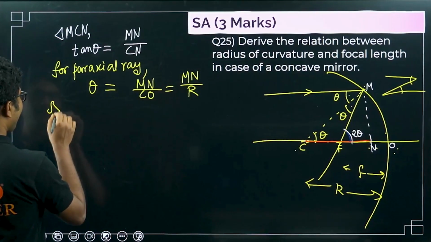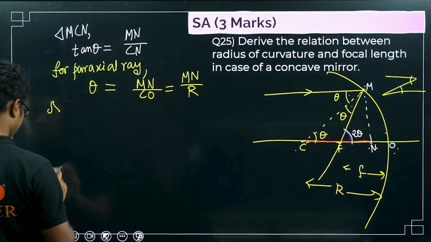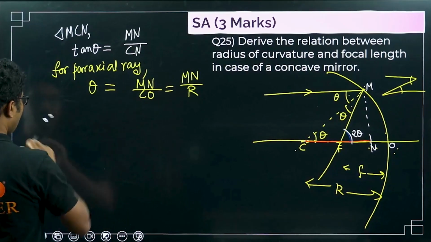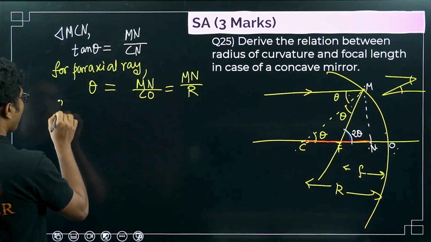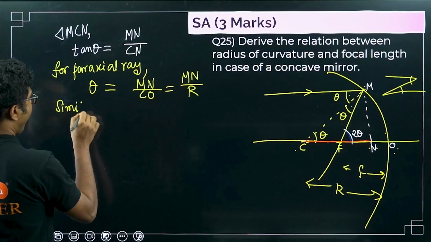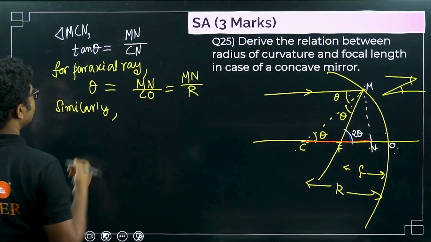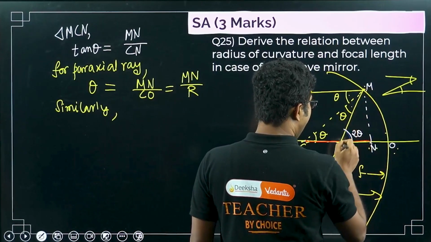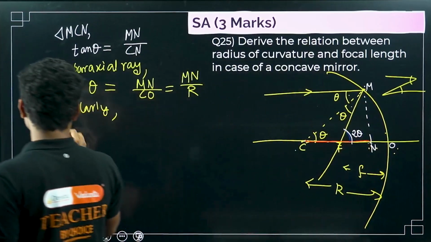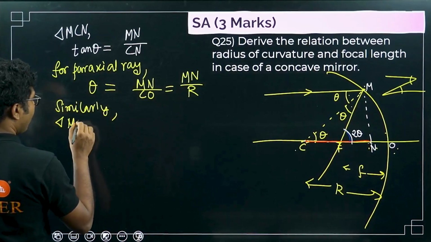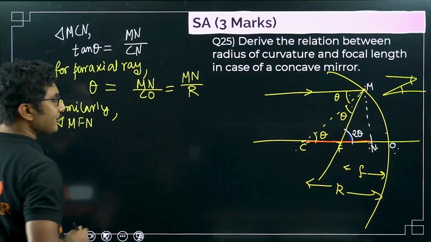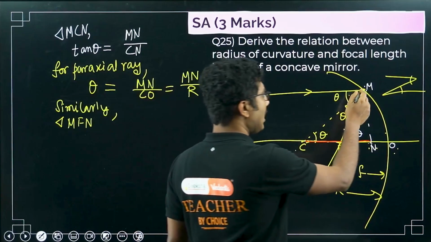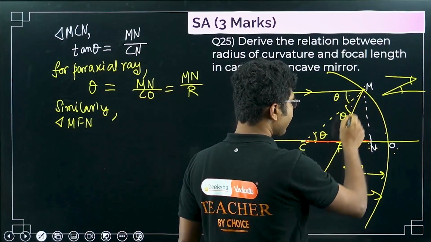Similarly, for triangle MFN, you have to understand which two triangles to take. First you take the bigger triangle, next you take the smaller triangle.